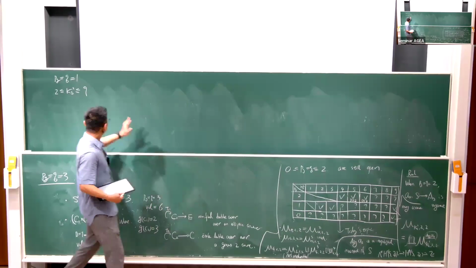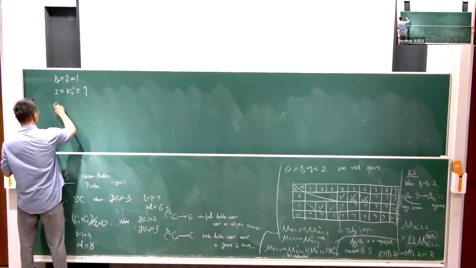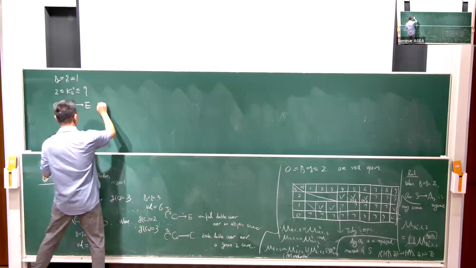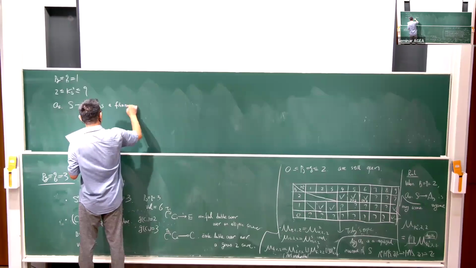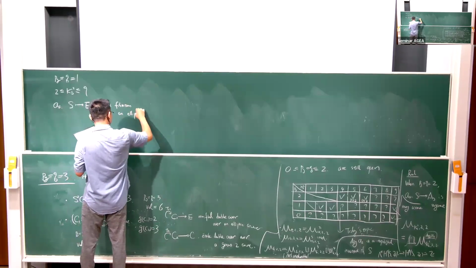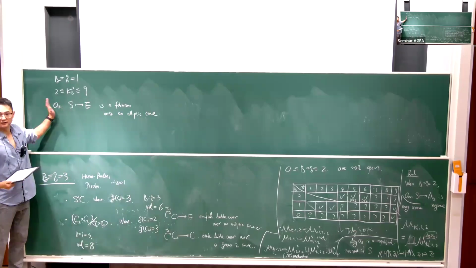But now the irregularity is 1, so the Albanese morphism is actually a fibration onto an elliptic curve. So we have this Albanese morphism.